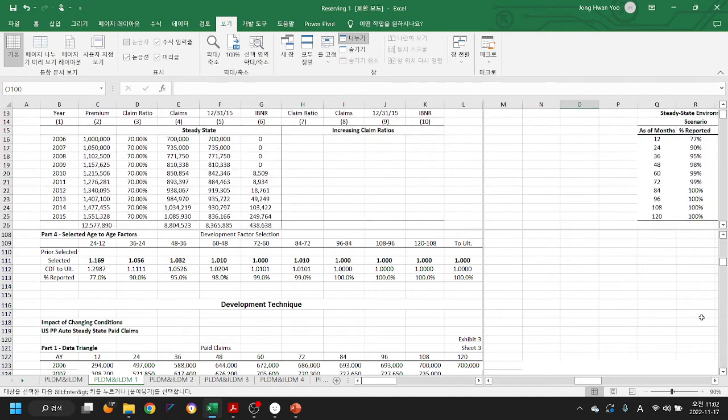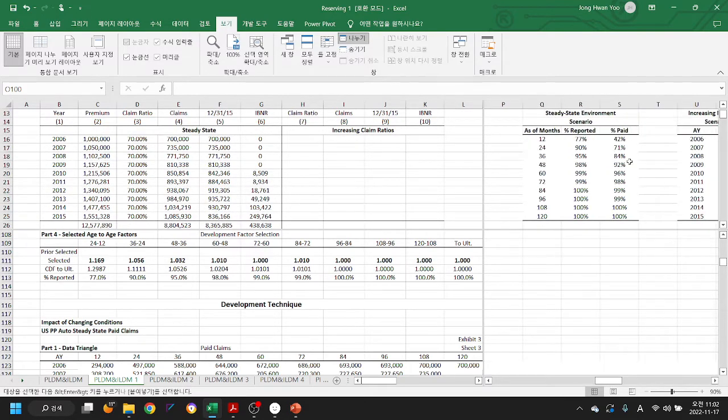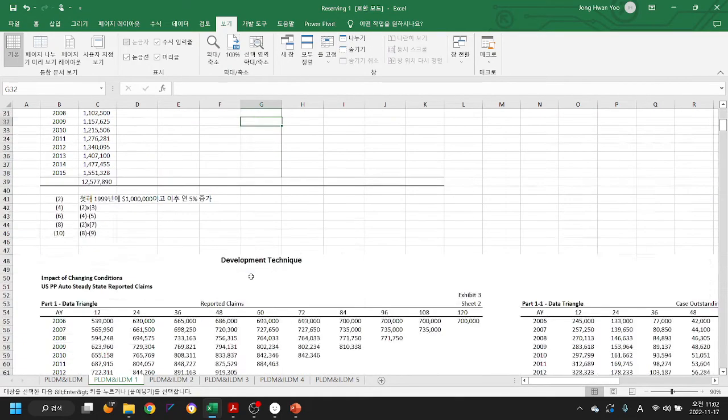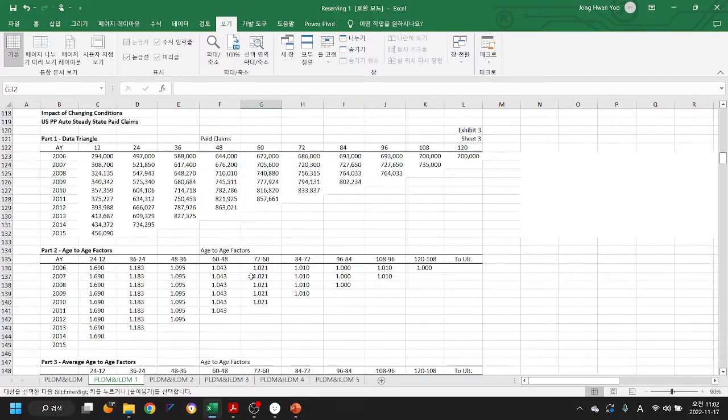So it should be the same. If I reverse the loss development factor, I should have that reported ratio. And it's the same story for the paid loss triangle, right?